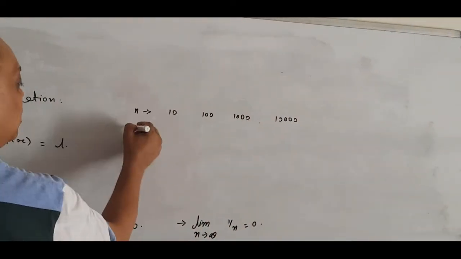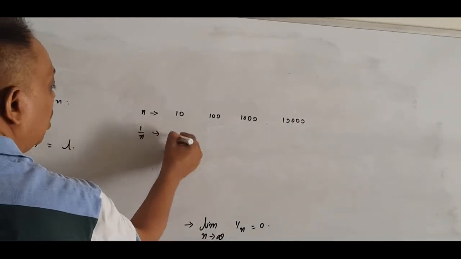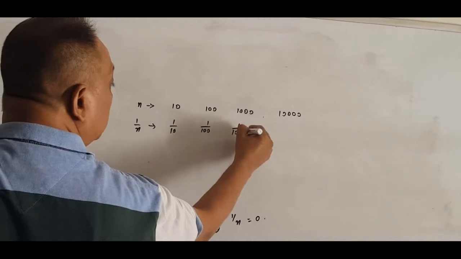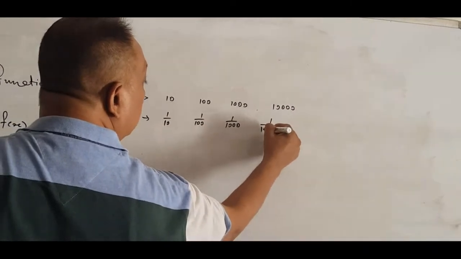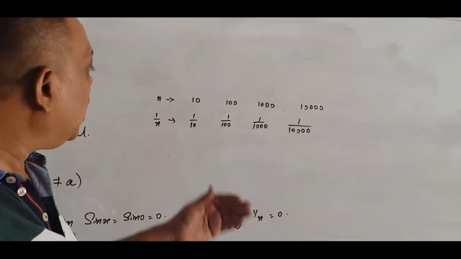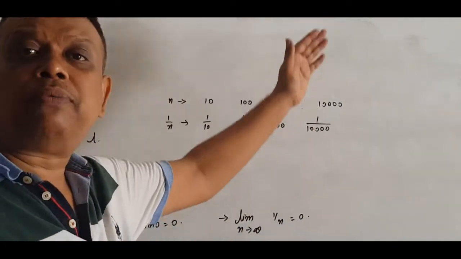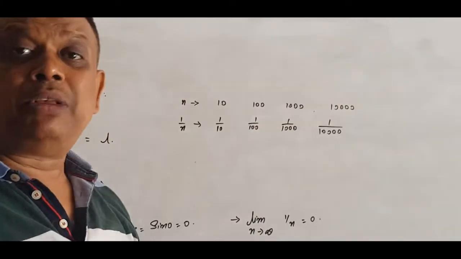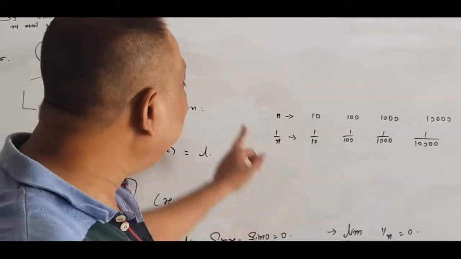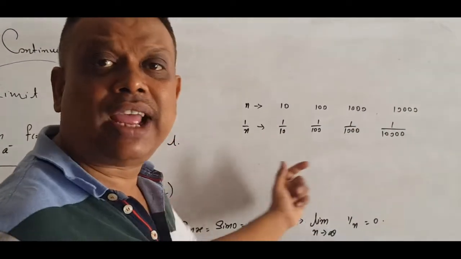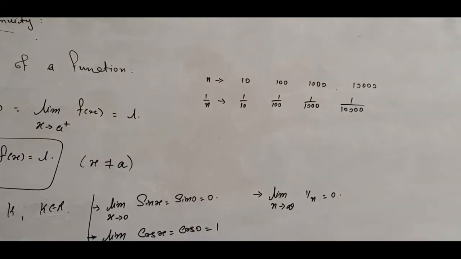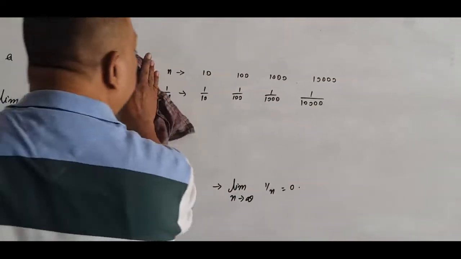But when you take the reciprocal of them, 1 upon n will be 1 upon 10, 1 upon 100, 1 upon 1000, 1 upon 10,000. The value of 1 by 10 is 0.1, then 0.01, 0.001, and so on, the value goes closer and closer to 0. So as n tends to infinity, 1 upon n is 0. So these are the working rules we use for finding the limit of a function.